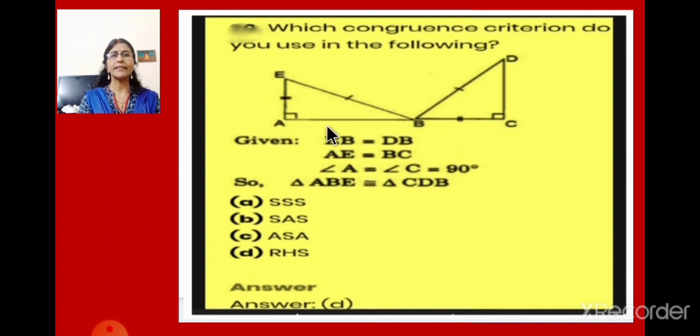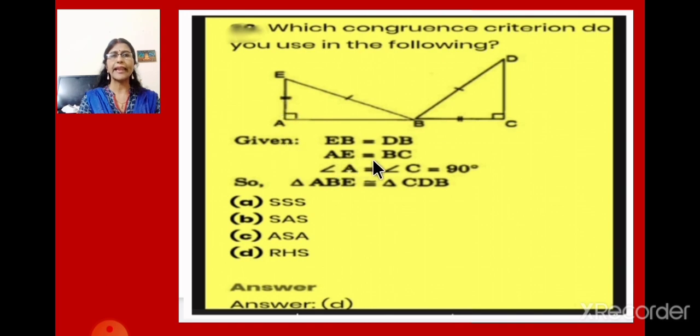And then they have given here AE is equal to, these two other perpendicular sides. You can see here this is forming a right angle. So this side is equal to this side. So this is again another perpendicular side of this right angle triangle. So these two sides are equal.